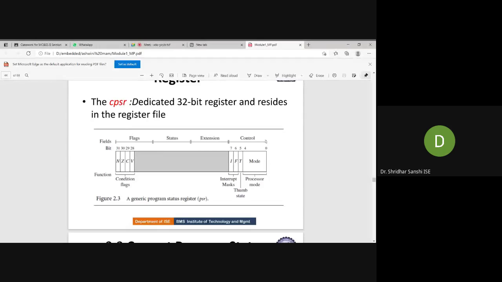And which bit is used to indicate the state of the processor? It's in the figure, no?